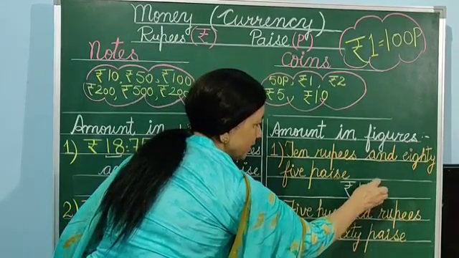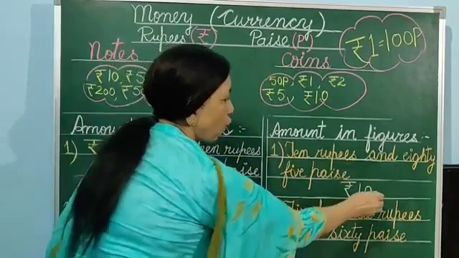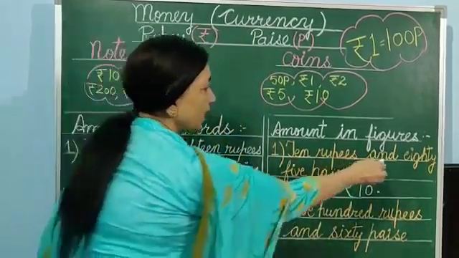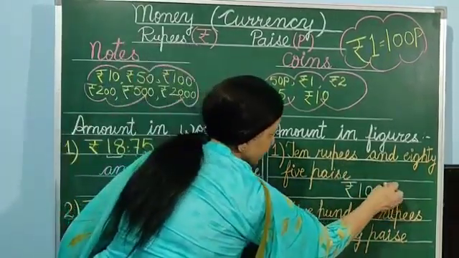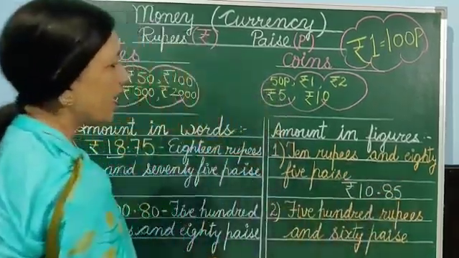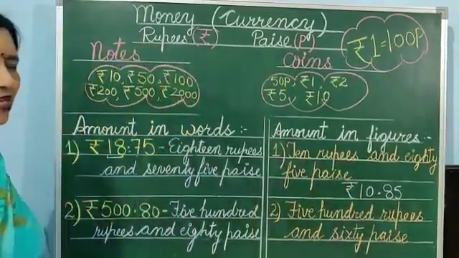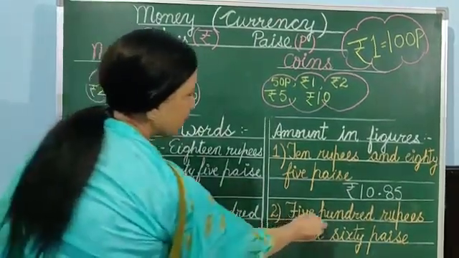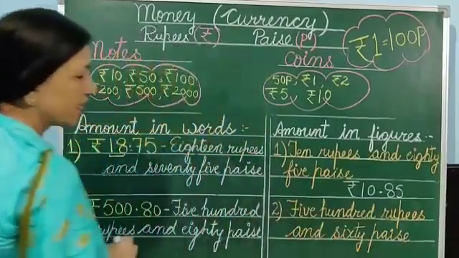We have written 10. Now dot. This dot represents paise. And how many paise are there? 85. So what will be the answer? Rupees 10.85.